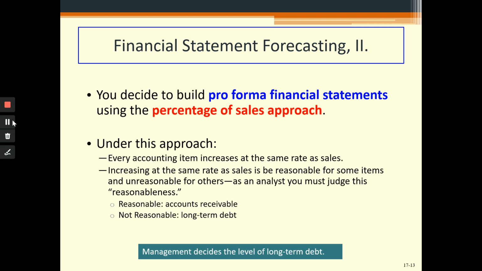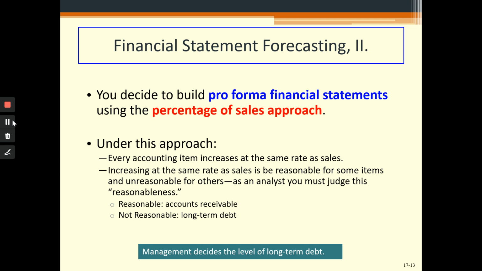So for a few items, this is a reasonable assumption that they will remain at the same percentage of sales, but for other items it might change. And this will be clear once we see the Excel sheet.